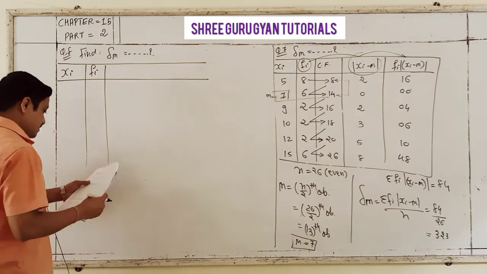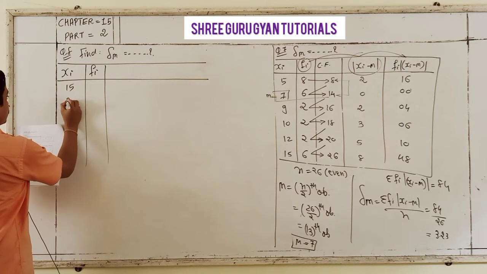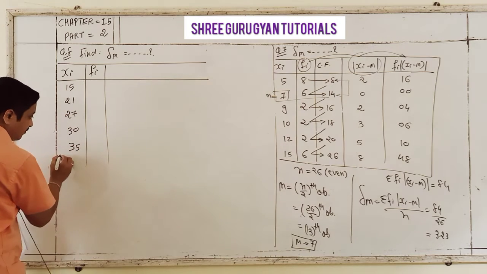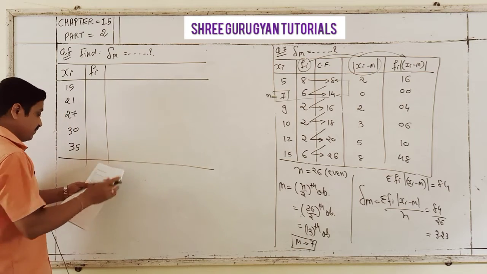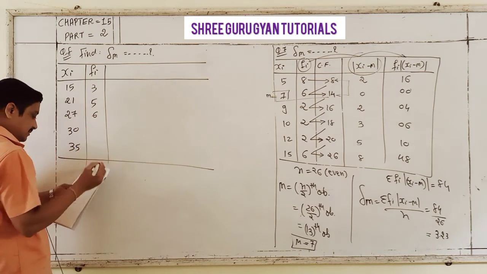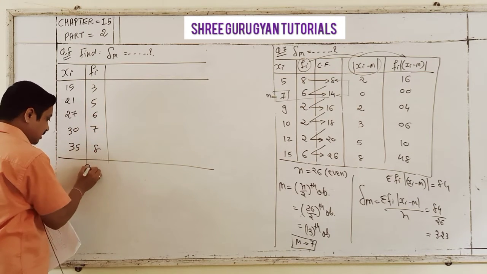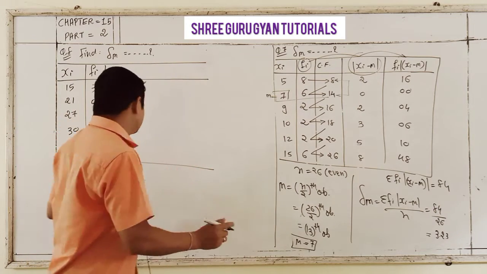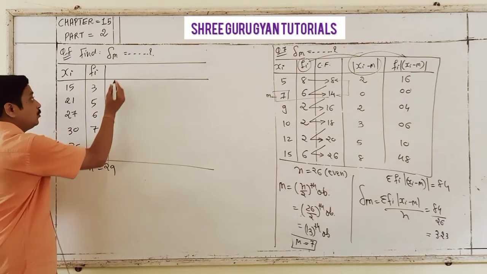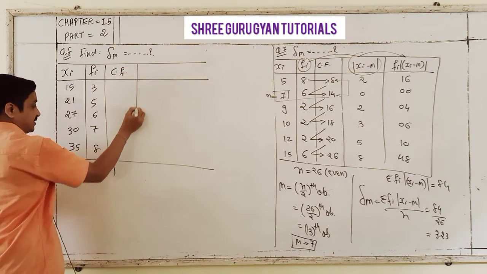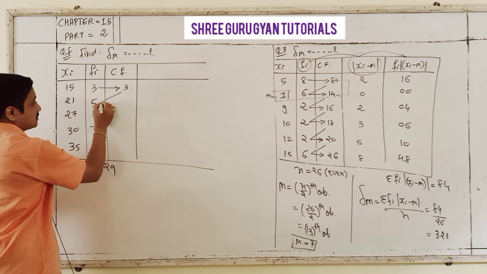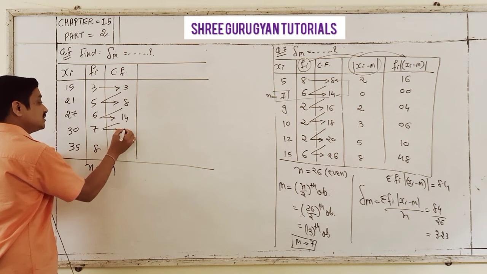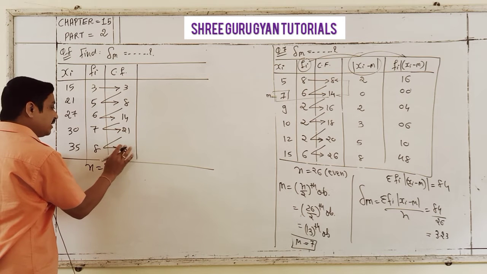Your xi is 15, 21, 27, 30 and 35, and the given frequencies are 3, 5, 6, 7 and 8. Just add them, the total is 29. Now go to CF, cumulative frequencies: 3 as it is, 3 plus 5 is 8, 8 plus 6 is 14, 14 plus 7 is 21, plus 8 is 29.